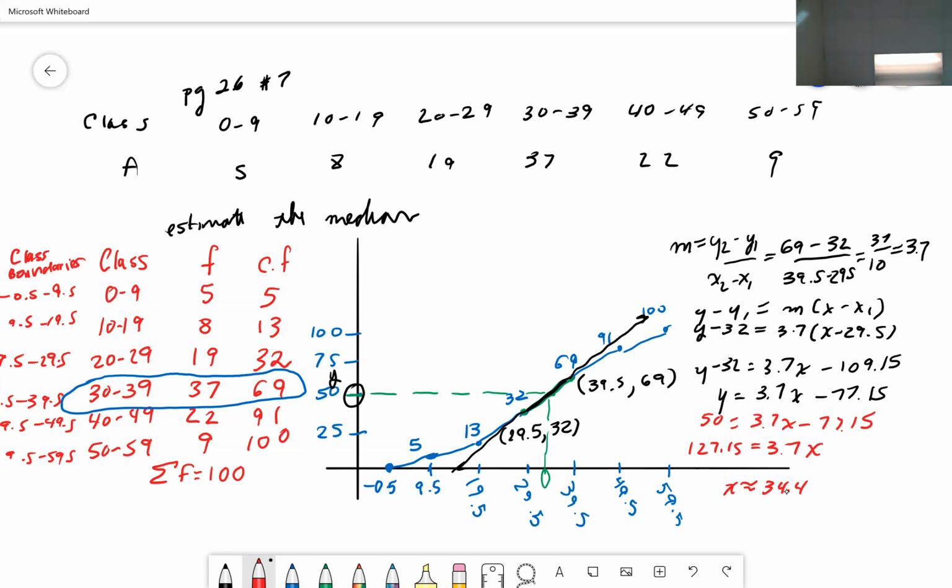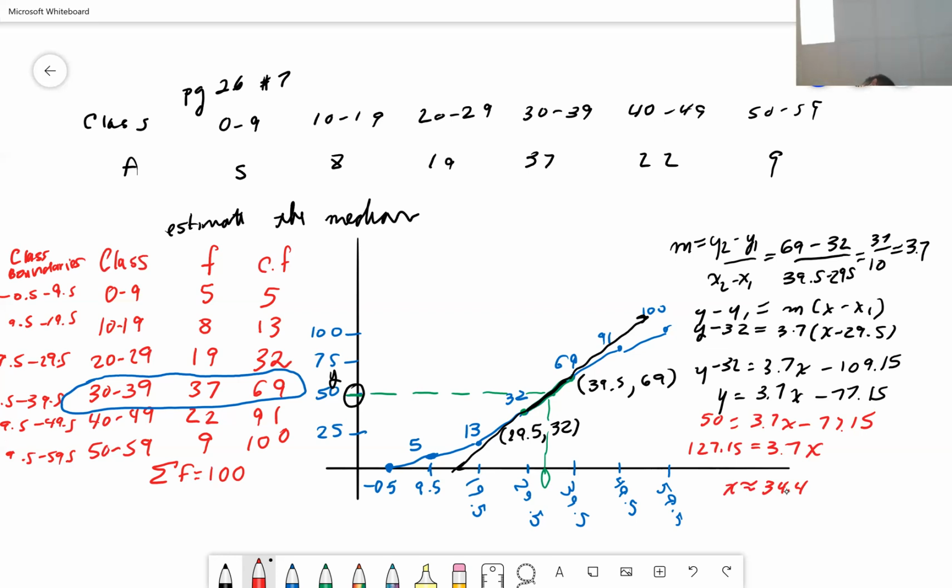Wait, mister, I have a question. Go ahead. How do you find the class boundary? Well, there's two ways to create the class boundary. All you need is you need to conserve your width, okay?